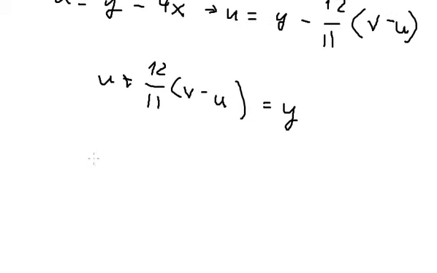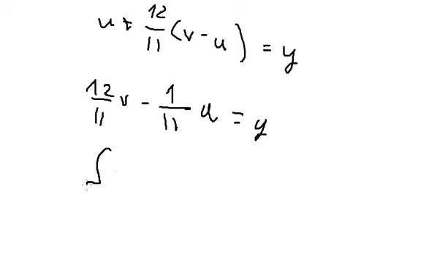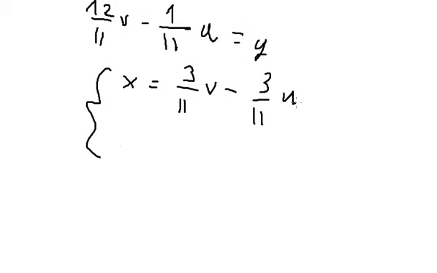Now we simplify this one. So we will have x equals 3 over 11 v minus 3 over 11 u. Y equals this one.